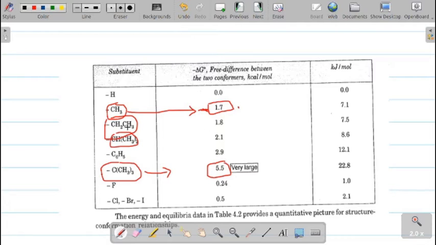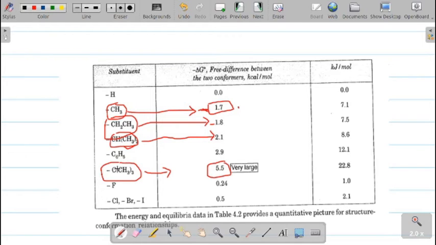And when we change the substituent to a primary carbon, like CH2CH3, the delta G value becomes more negative, that is, the reaction becomes more spontaneous. And when we make the substituent a secondary carbon, that is CHMe2, this value becomes more negative, minus 2.1 kilocalorie per mole.